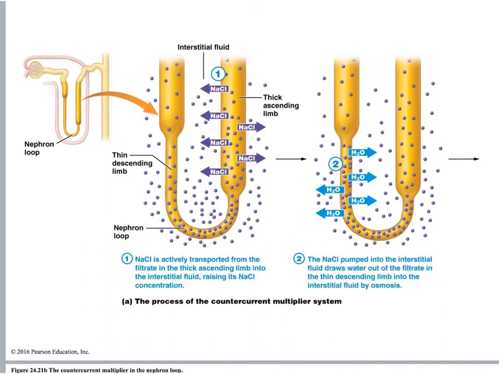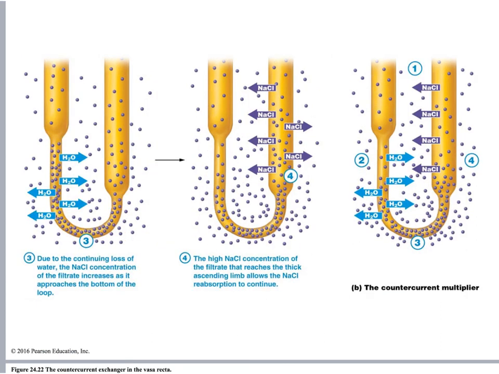So water moves out, tries to rectify that concentration gradient, makes it more even, and as fluid moves back through, sodium starts going back. It's all about the countercurrent that's ongoing.